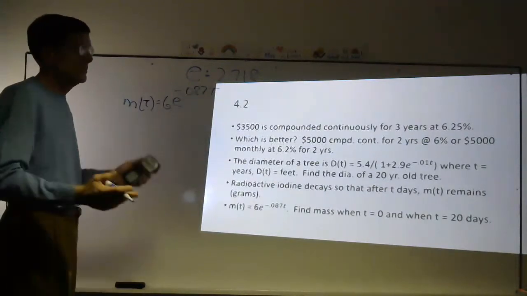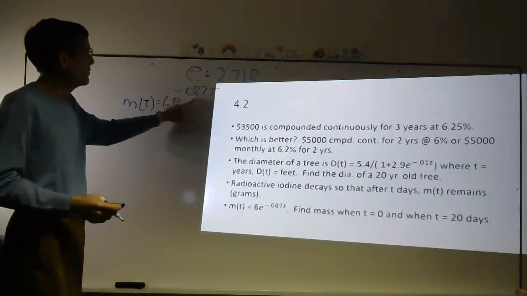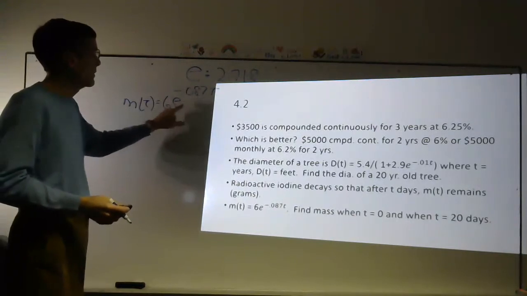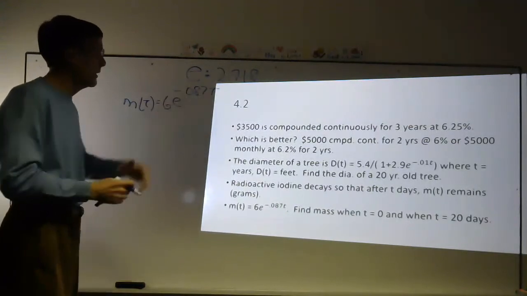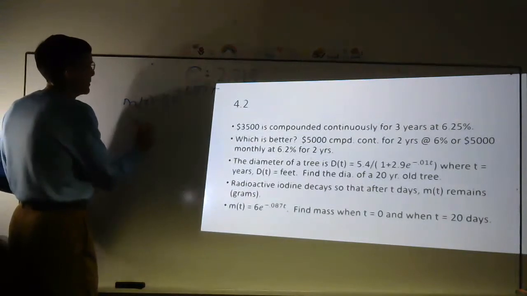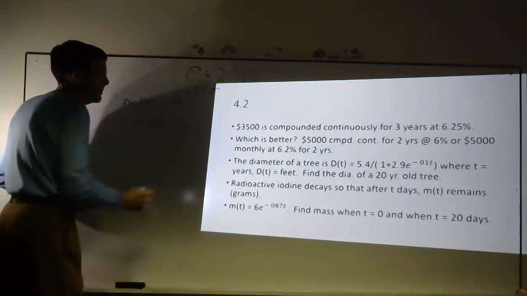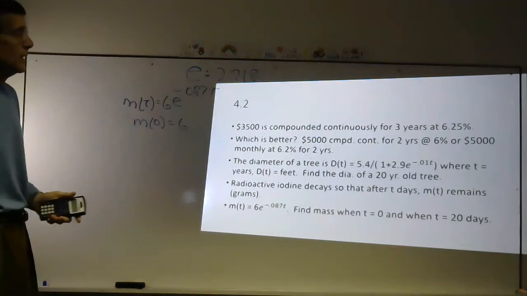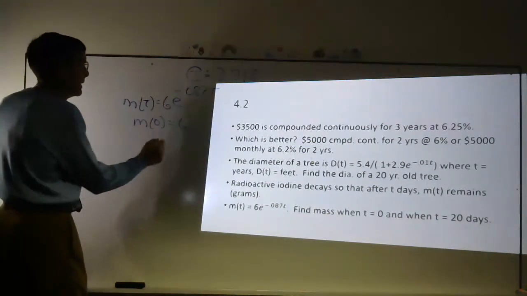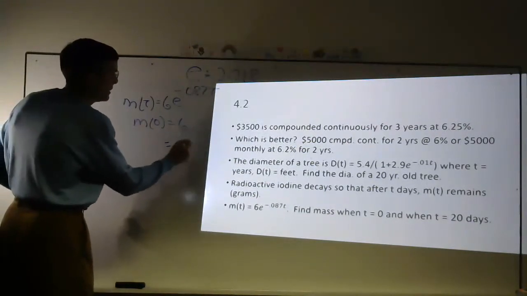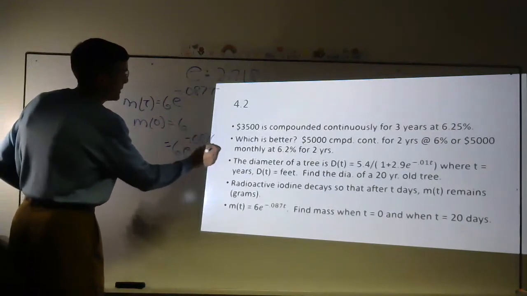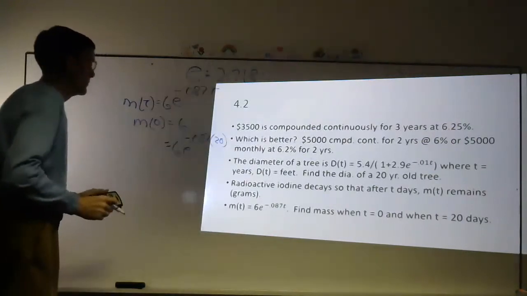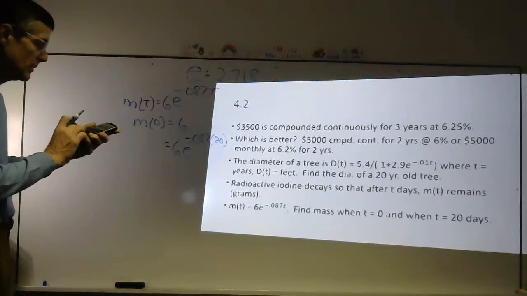Well, that's incredibly easy. When T is 0, this whole exponent goes to 0. Anything to the 0 power is 1. So when T equals 0, my mass is just 6. Now, how about when T equals 20? That's a little trickier. 6e to the negative 0.087 times 20. All right, so let's do it. Just crank it in. 6 times.